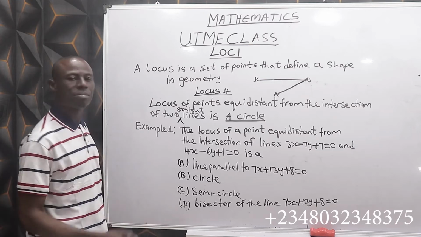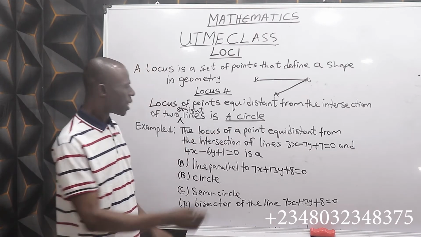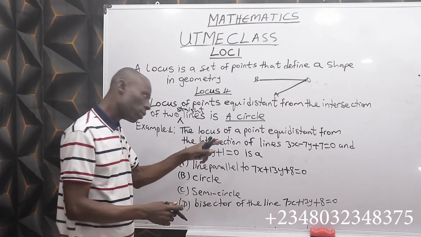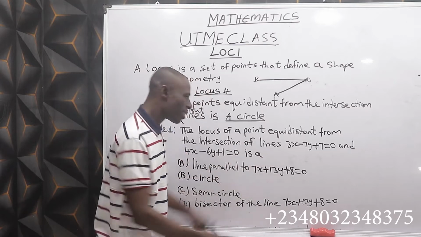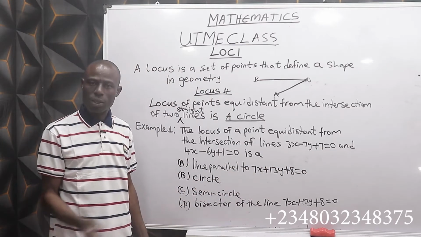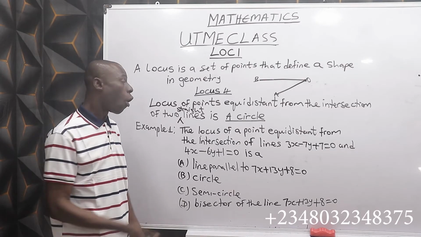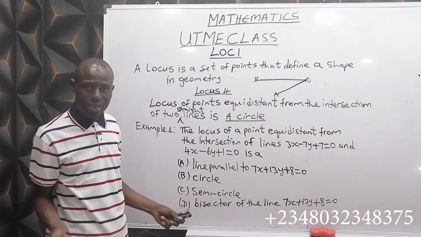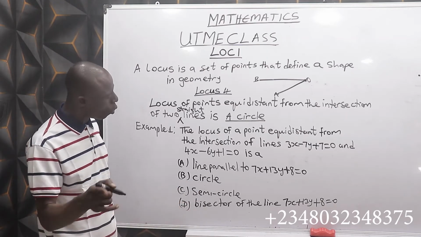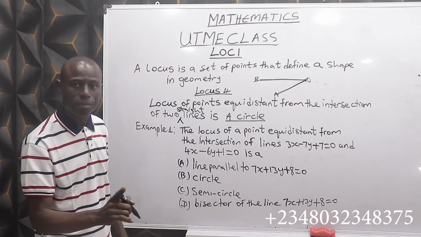So, example 1. The locus of a point equidistant from the intersection of lines this and this. We are given the lines in equation form. Whether you are given in equation form or just as two lines, we mean the same thing. What is important is for you to know that the point of intersection is a fixed point.